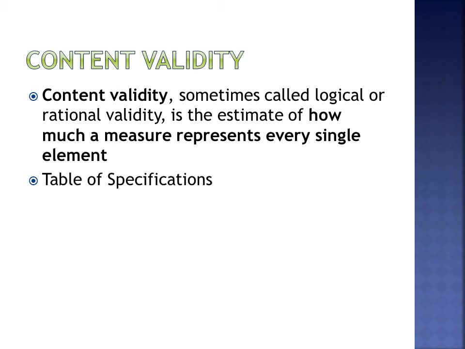The table of specification is based on their related literature, and the related literature should also show their theories or theoretical framework, showing that your construct is related to the theory. So the content validity focuses on the table of specification.